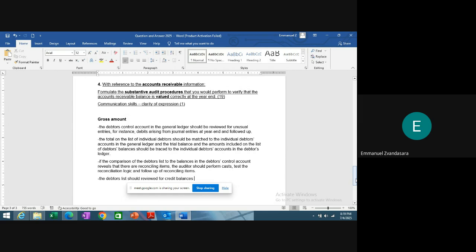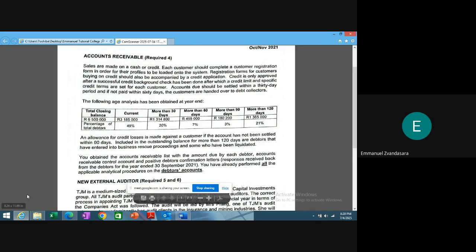A misstatement arises where the reported amount in an account balance, class of transaction or disclosure is not the correct amount that was supposed to be recorded. For example, the accounts receivable total closing balance is 6,500,000. If there is a misstatement, maybe they could have said 6 million.